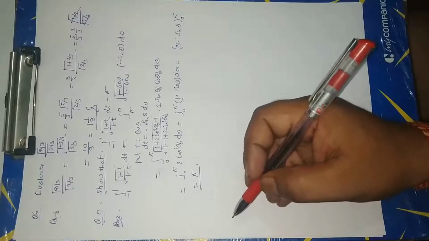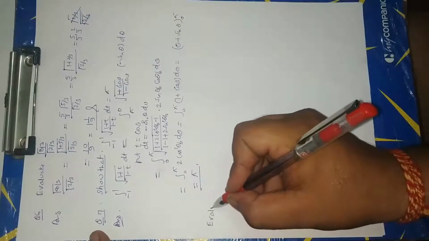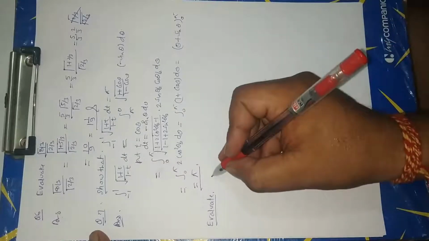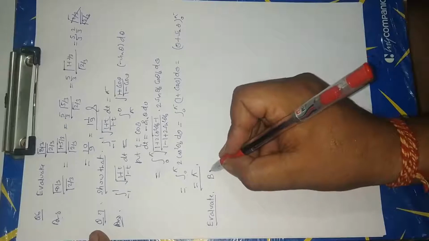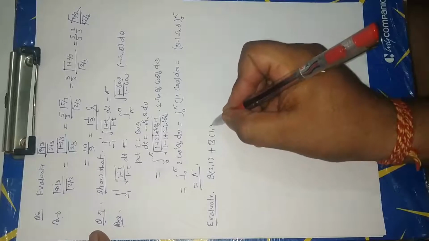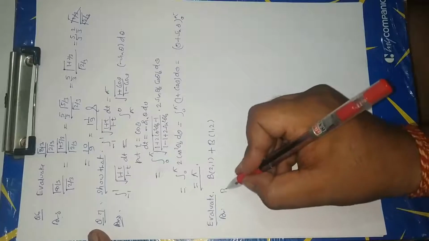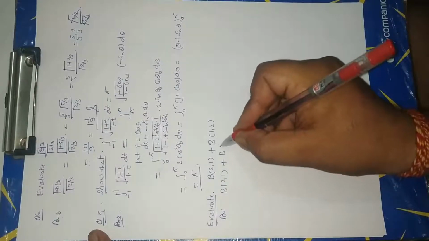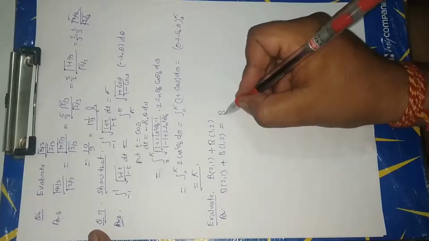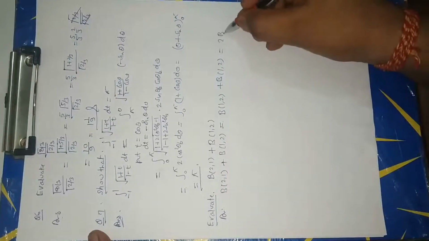Now next, question number 8. Evaluate beta 2,1 plus beta 1,2. Answer: beta 2,1 plus beta 1,2 is equal to beta 1,2 plus beta 1,2, which is 2 beta 1,2.